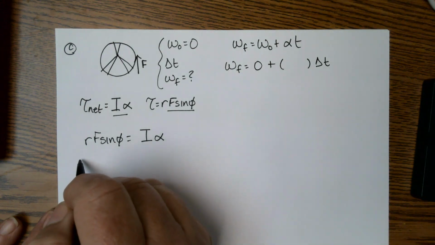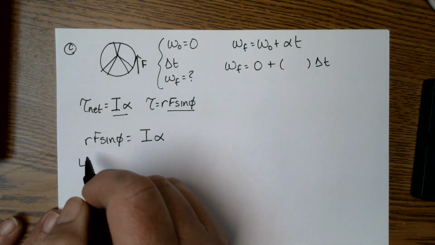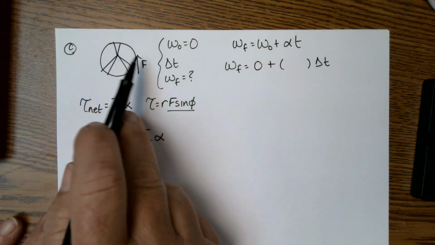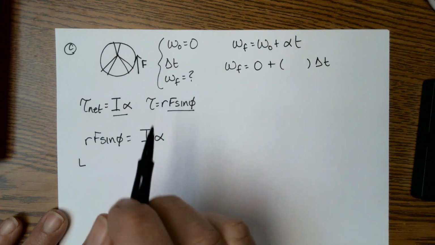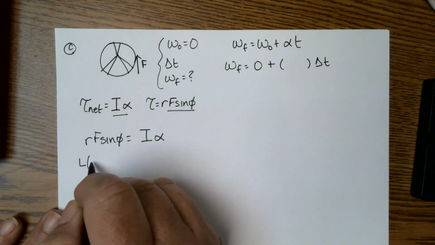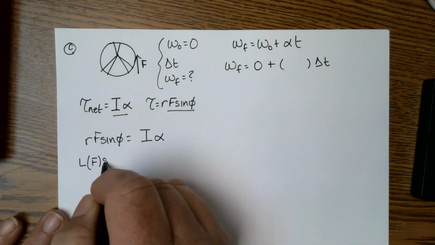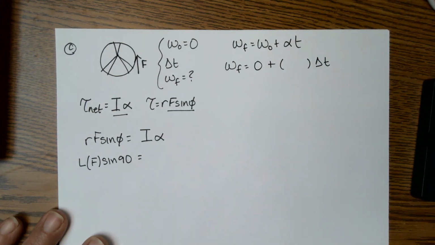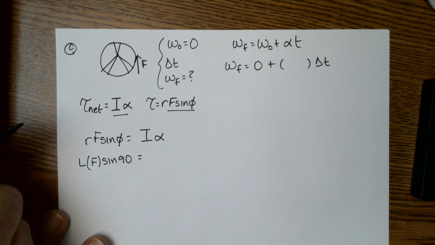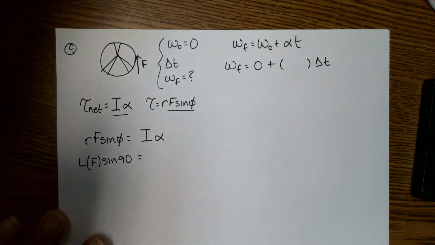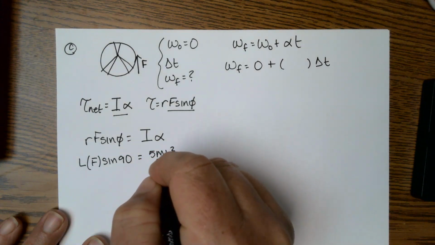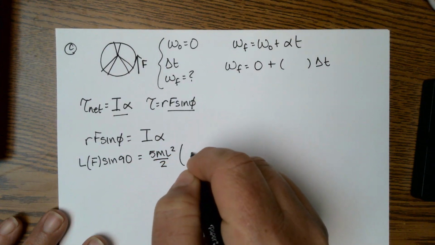I know R, that's the length of the rod. That's how I know the distance from here to here, because those rods are shoved inside this hoop. They also tell me the radius of the hoop is L. And I've gotten F, and since it's exerted tangent to the curve, it's sine 90. I just found I, and that I that I found was 5/2? Yes, 5 ml squared over 2 times alpha.